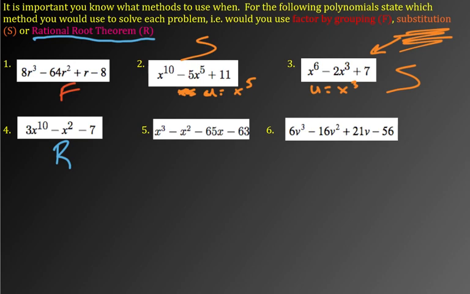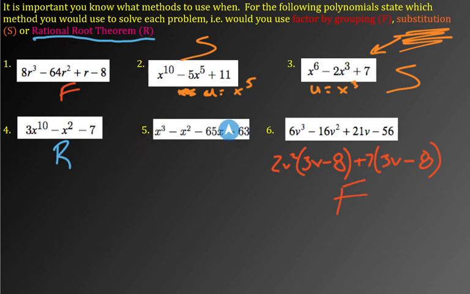Likewise down here, 6 is to negative 16 the same way 21 is to negative 56. If you don't see it, let me start it. You could take a 2v squared out, and then you would have 3v minus 8. In this next one, you could take a 7 out, and you'll still have 3v minus 8. That one is a little tricky maybe, but you definitely can do factor by grouping.